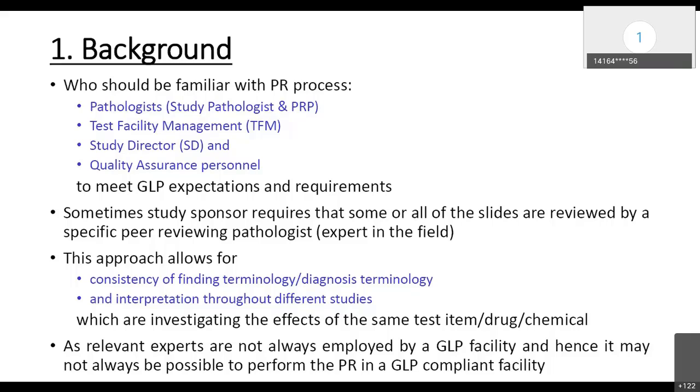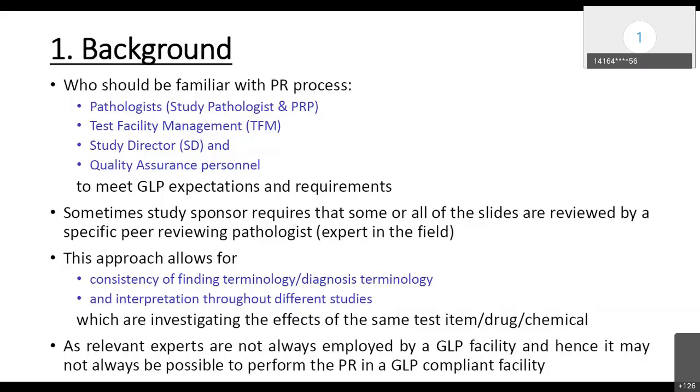So you all know what test facility management, study director, and QA personnel are in GLP. When peer review processes are to be conducted, pathologists and peer review pathologists should be familiar with the GLP principles, test facility management, study director, and quality assurance personnel. This familiarity is needed in order to meet the GLP expectations and requirements.